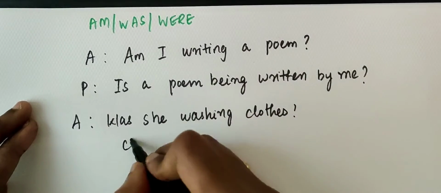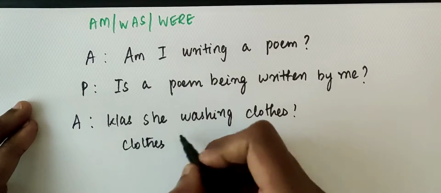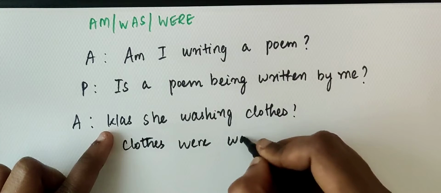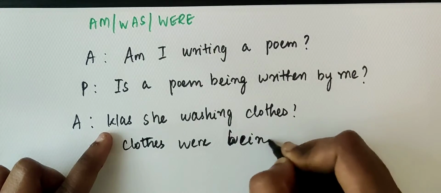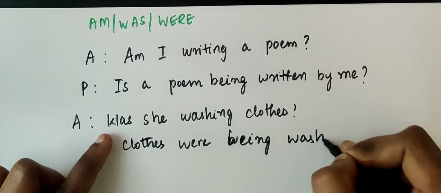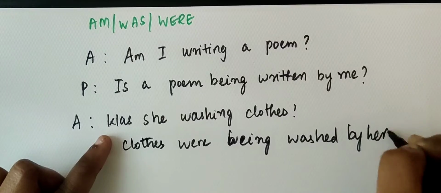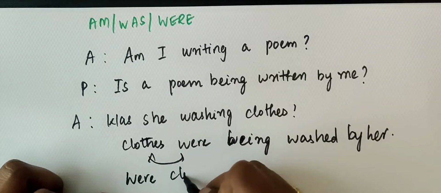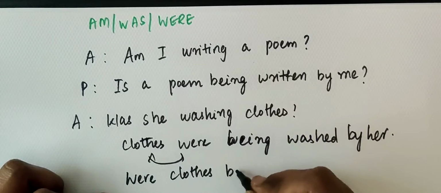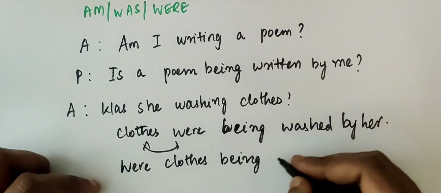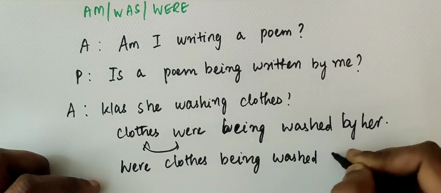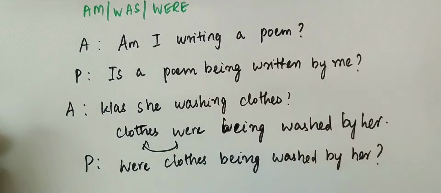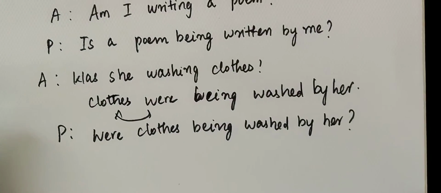So here clothes were, because it is past tense, so clothes were being washed by her. So swap these two. Were clothes being washed by her is in the passive voice.